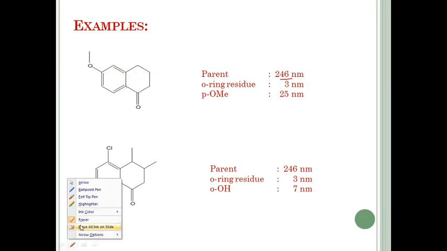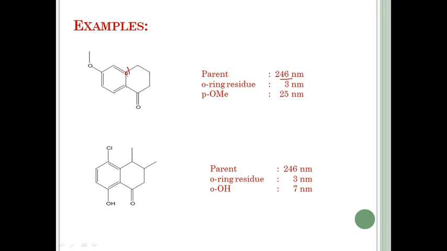Here it is ortho, and meta, here para. One ortho position has a substitution, a ring residue. For an ortho ring residue or alkyl substituent, you have to give 3 nanometer increment.